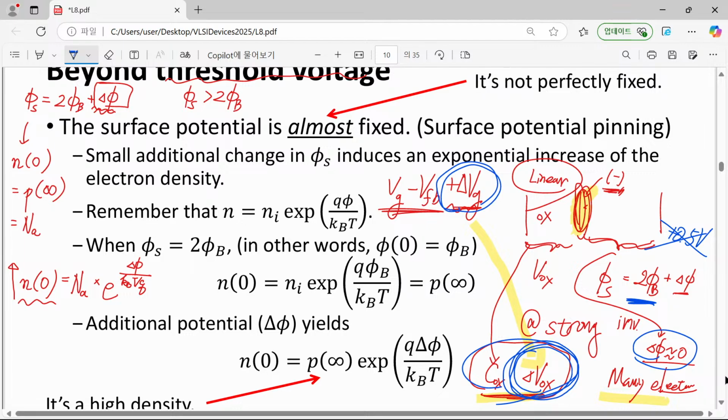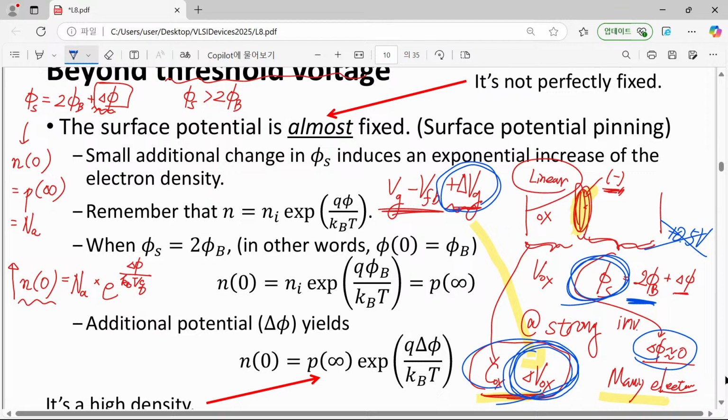Yes, this is a somewhat large variation, but please think about the journey of our surface potential. When it was biased at gate equal to 0 or even lower gate bias, surface bending was so marginal. However, when you apply gate voltage, before strong inversion occurs, the band becomes much more bent by the increase of our gate voltage.